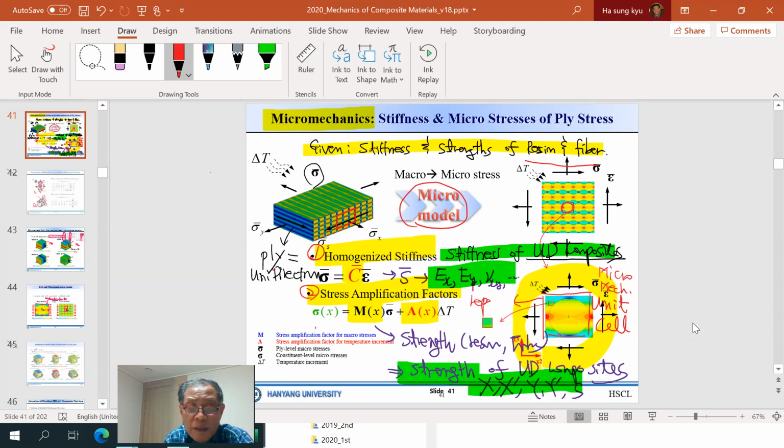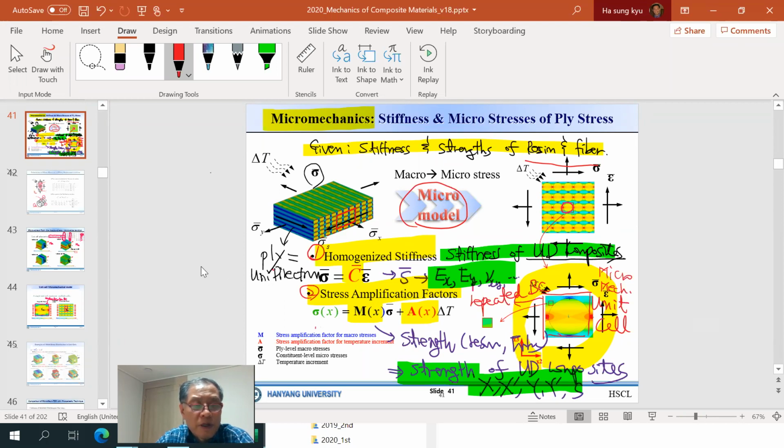Repeated boundary conditions. In other words, this unicell is not a separate model, it is just one of the repeated models. And there are very special boundary conditions which you can find even in Abaqus and ANSYS.